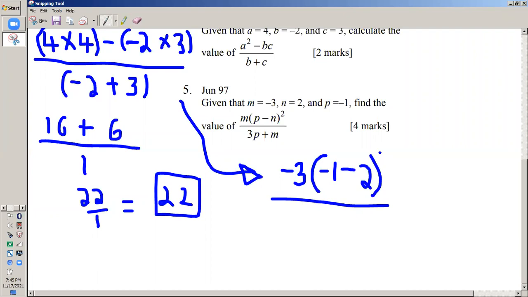Why do you have 2 times 2? Into the 2, it will be the bracket squared, so it wouldn't be just 2 times 2. It would be everything that's squared. So -3 times -1, get -3 times.